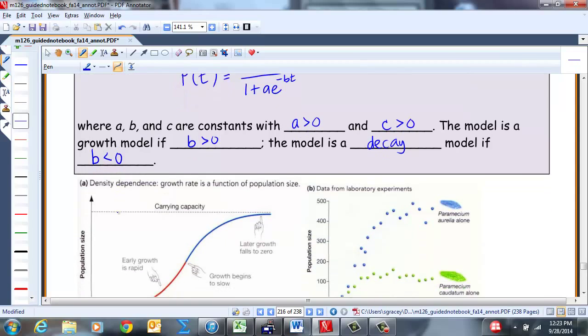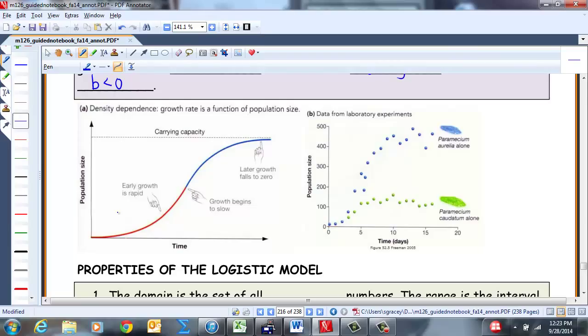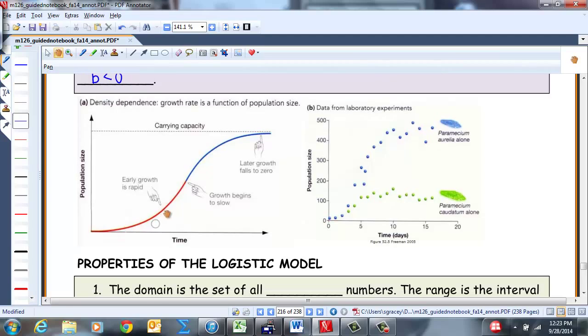Okay, so just a couple of pictures. Population size, carrying capacity, time. So the first one, you've got early growth is rapid, and then the growth begins to slow at some point. So here, where the graph changes, do you see how it's kind of curving upward here? And then where they change colors in the graph, now it's curving downward, and then it levels off, right? So that is an example.